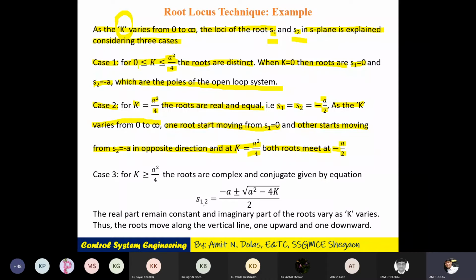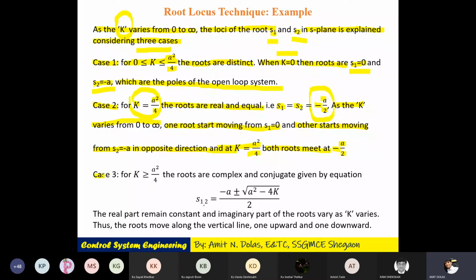And the third case: there are three cases, from 0 to a square by 4. If the value of k is taken as 0, then your poles will be the open loop poles, that is 0 and minus a. If k is exactly a square by 4, then both the poles will move towards each other and meet exactly at the center, that is minus a by 2. And what about the third case?